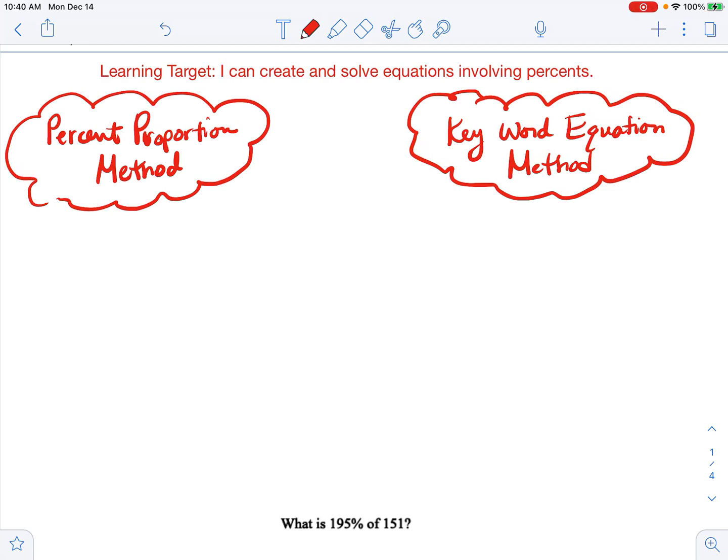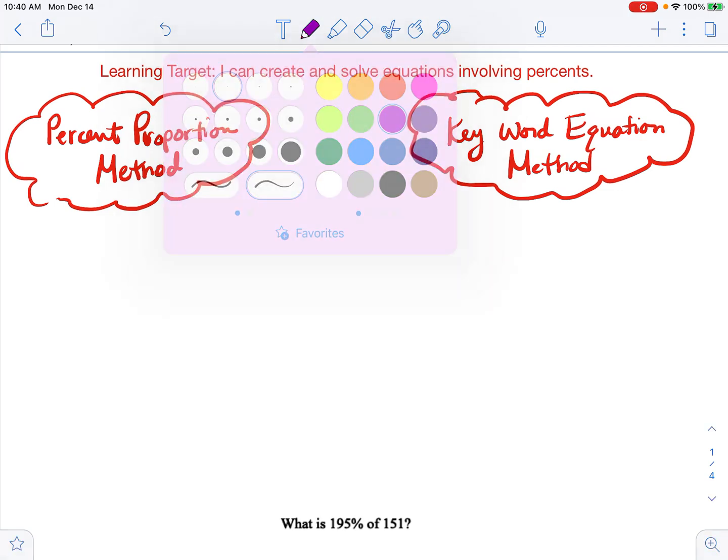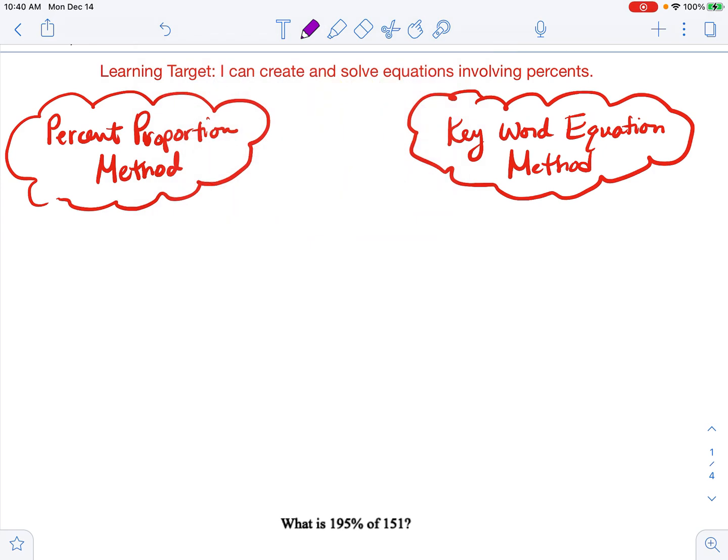So let's first talk about the percent proportion method. The percent proportion method involves us setting up a proportion. And a proportion in general looks something like this. A over B equals C over D. So you have some fraction equals some fraction. One of these fractions, let's call it the first fraction, is going to be our percent fraction, and the other one is going to be our part over the whole.